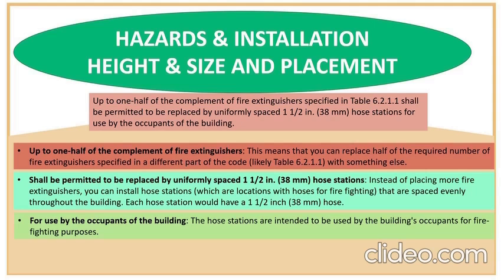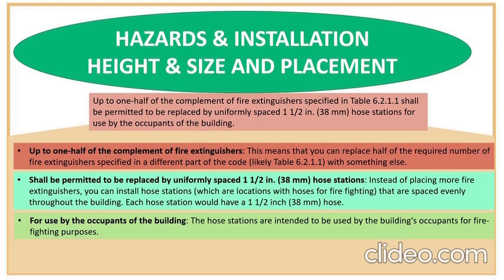So they shall be permitted to be replaced by uniformly spaced 38 mm hose stations, which means instead of placing more fire extinguishers, you can install hose stations with hose for firefighting that are spaced evenly throughout the building.